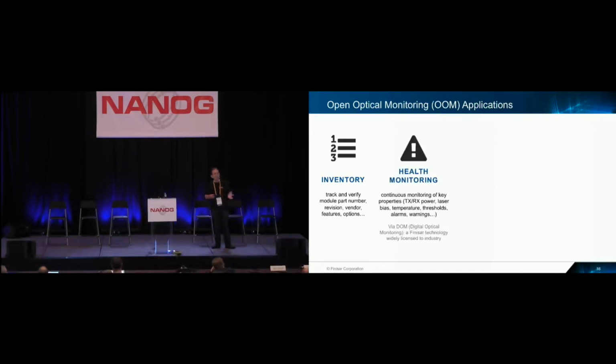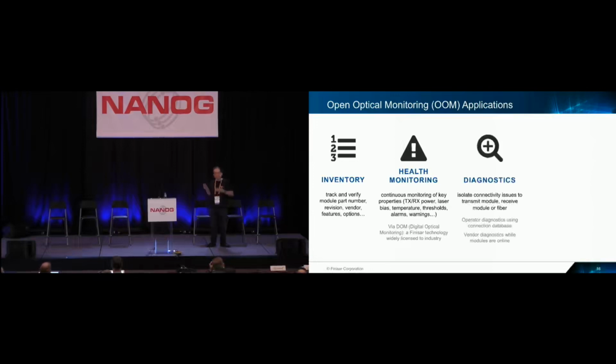You can do health monitoring. You can read, as I showed before, information on the TX and RX optical power. You can track that in real time, so you can see trends. If that optical power is coming up or down, it could indicate that a port is dirty, for example. Temperature, alarm and warning thresholds can also be monitored to make sure they are adequately configured for those boxes where you can configure those thresholds.